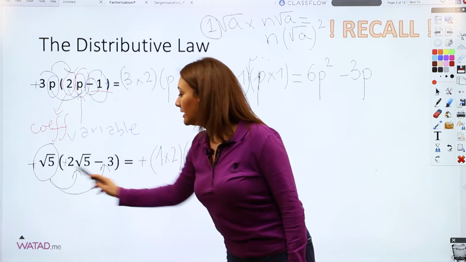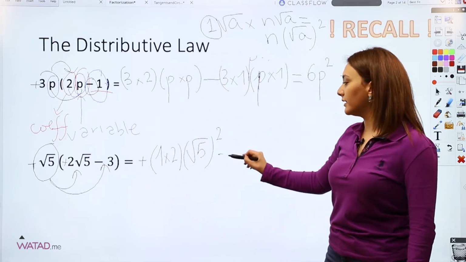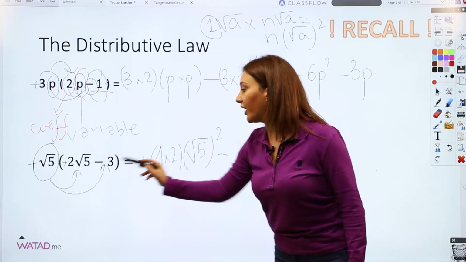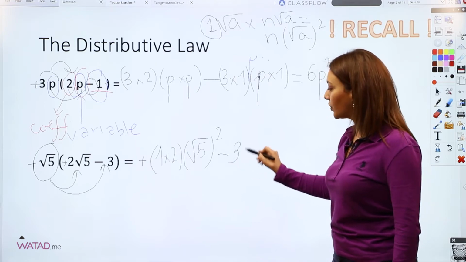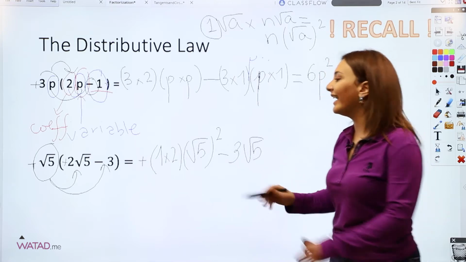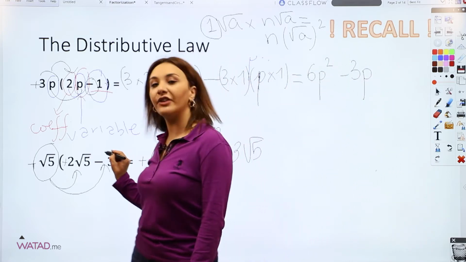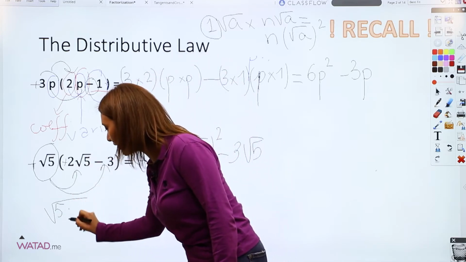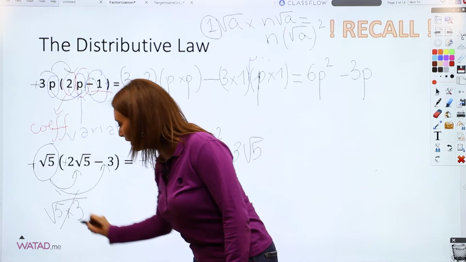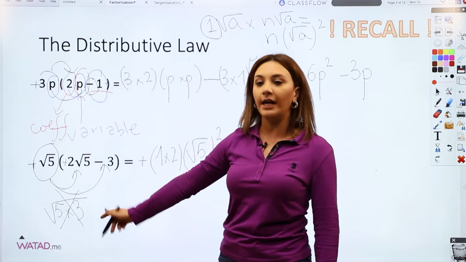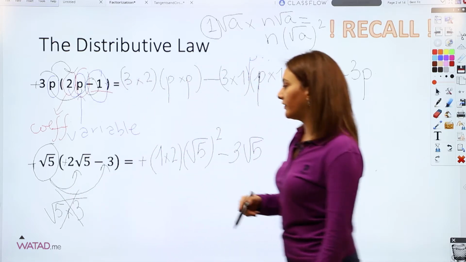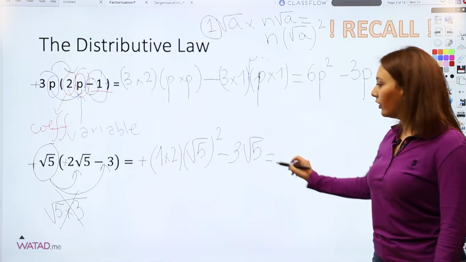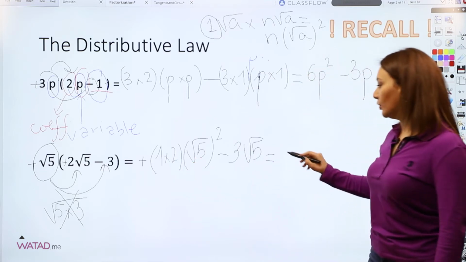Then plus times minus is minus. 1 times 3 is 3 square root of 5. I can never multiply the coefficient inside the square root. This is not the square root of 5 times 3. If you still don't know why, please go back to the last video. 1 times 2 is 2.